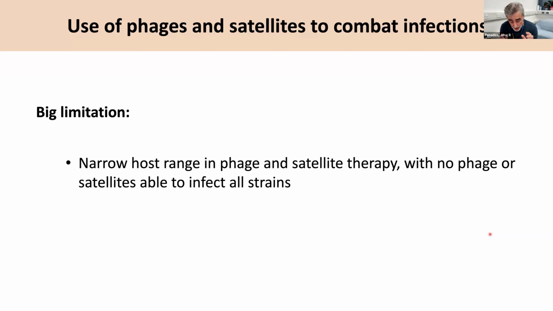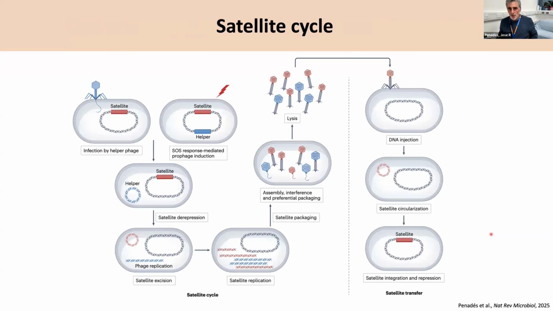And remember that the structure that determines what cells can be infected by a phage or by a satellite is the tail. The tail will recognize something on the surface of the bacterium, and then will bind to it and inject the DNA into that bacterium.